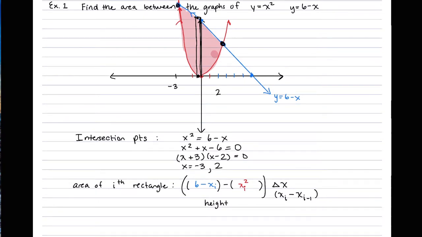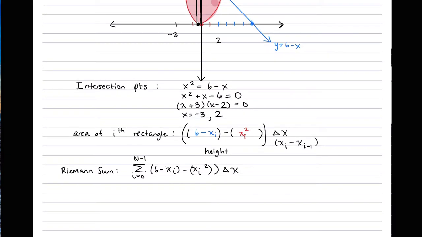So our Riemann sum would be adding up from 0 to n minus 1 of 6 minus x sub i minus x sub i squared, times delta x, and then as n goes to infinity, this becomes our integral.